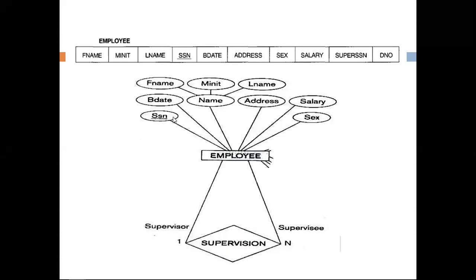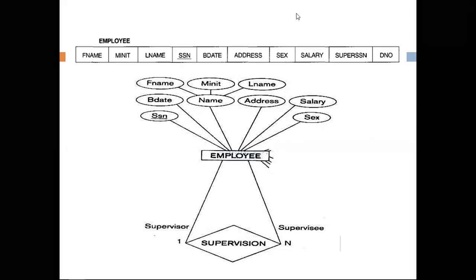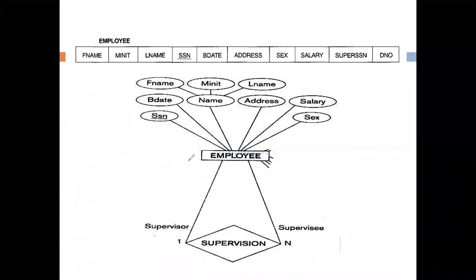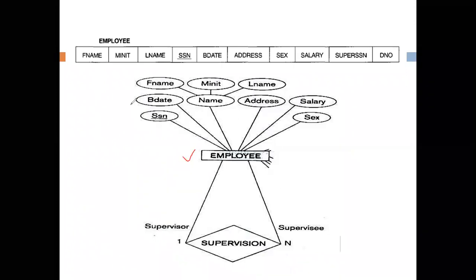First, let us look at the employee. The relation employee is mentioned in the rectangular box over here, and then the various attributes, starting with the SSN.